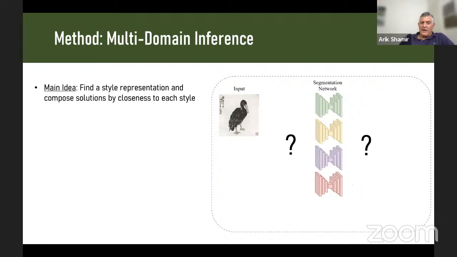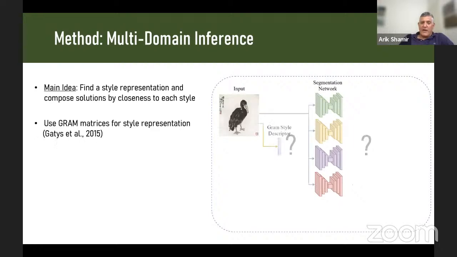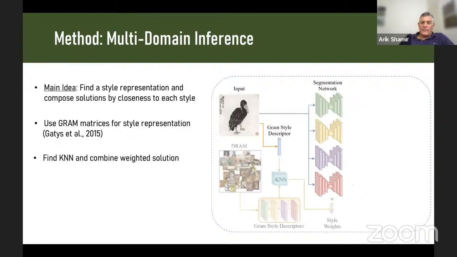So the main idea is we want to find a style representation for each new image that I need to segment. And what we use is a Gram style descriptor, which was used previously in many other works, to recognize what type of style the image is. And then we compare it to the style descriptors of all our database, the DRAM database.